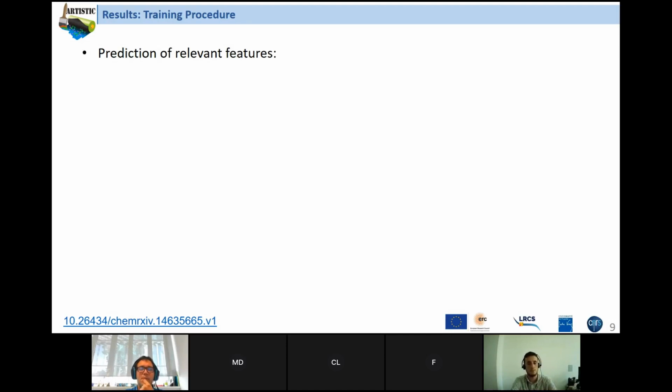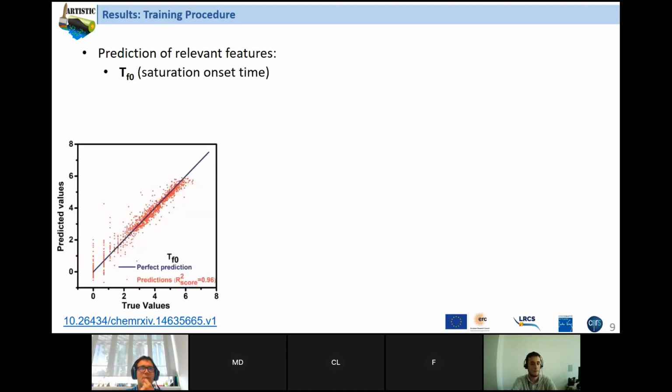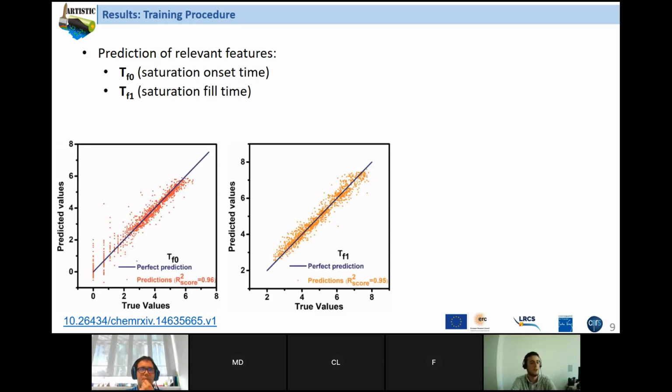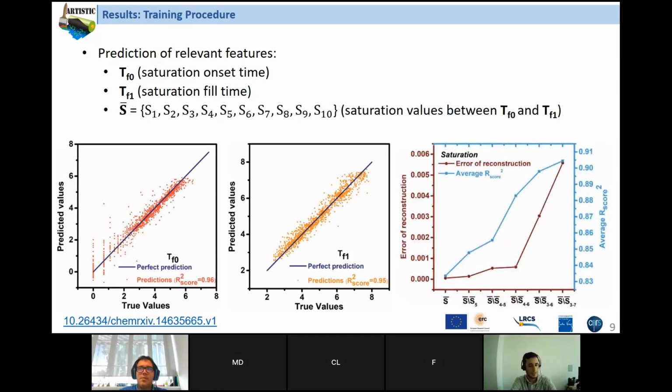So in this case, for the saturation onset time, which is TF0, and the saturation end time, what we call TF1, we obtained really very good predictions with relatively high R-square scores, around 95% in both cases, which of course partly is thanks to the transformation that we saw in the former slide.